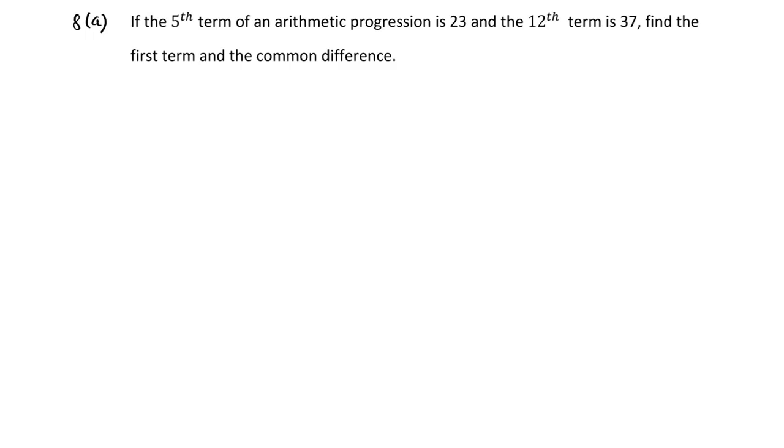First let us recall the formula to find any term in an arithmetic progression, which says an equals a1 plus, in brackets, n minus 1 times d. For the fifth term, let us substitute an with 23 and n with 5.